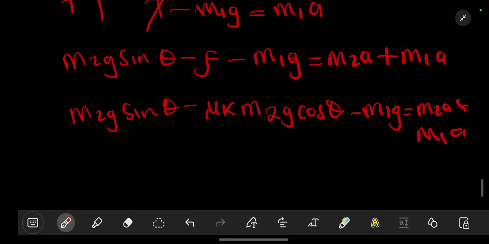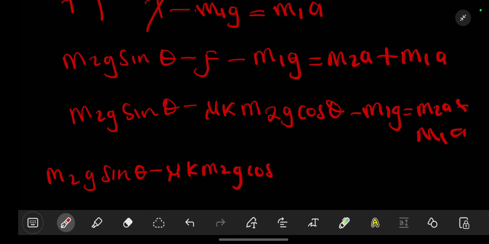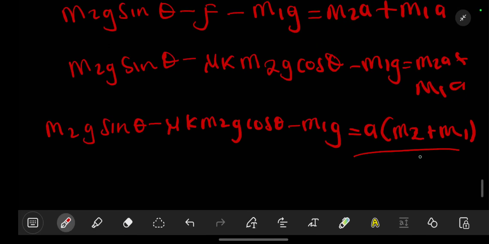From here, factorize this. So we have here m2g sine of theta minus mu k m2g cos of theta, then minus m1g, should be equal to, the common thing here is a, and we are remaining with m2 plus m1, which will give us a times m2 plus m1.